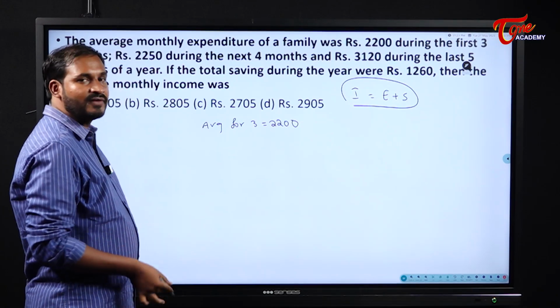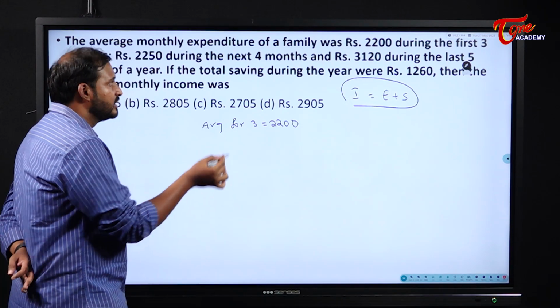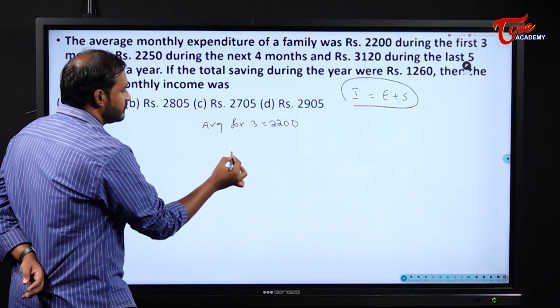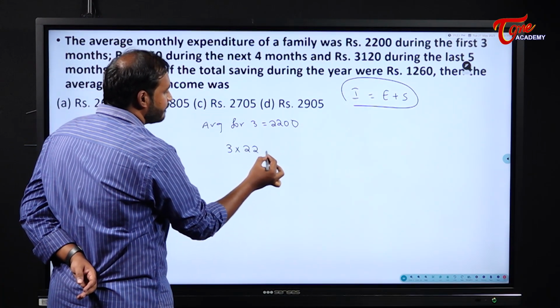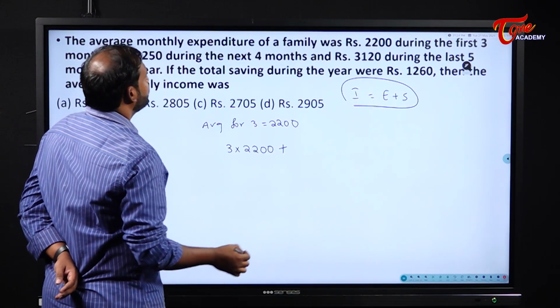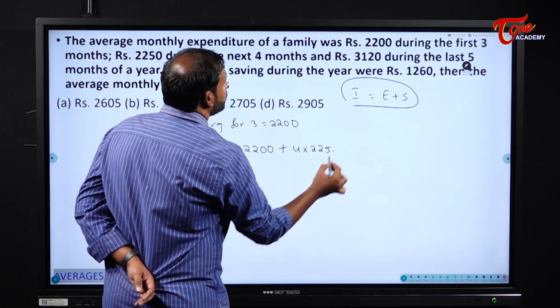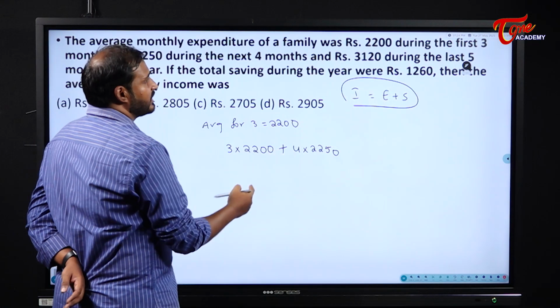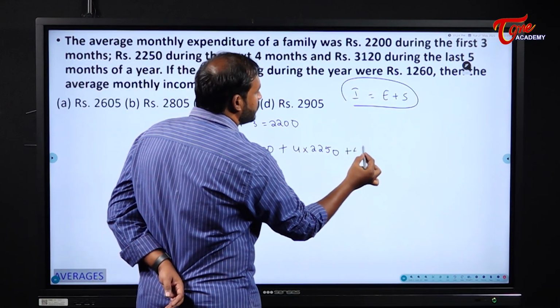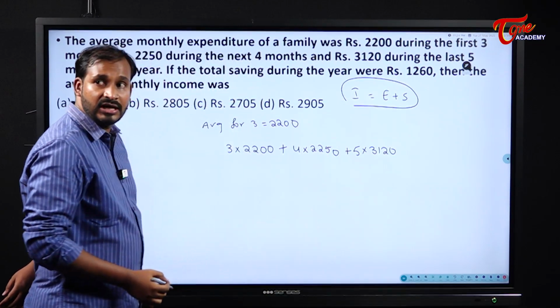So, first of all, we will find the overall income in a year. So, for the first 3 months, 3 into 2200, first 3 months expenditure, plus 2250 for the next 4 months, so 4 into 2250, and from here 7 months are done, and the remaining 5 months expenditure is how much? 3120.